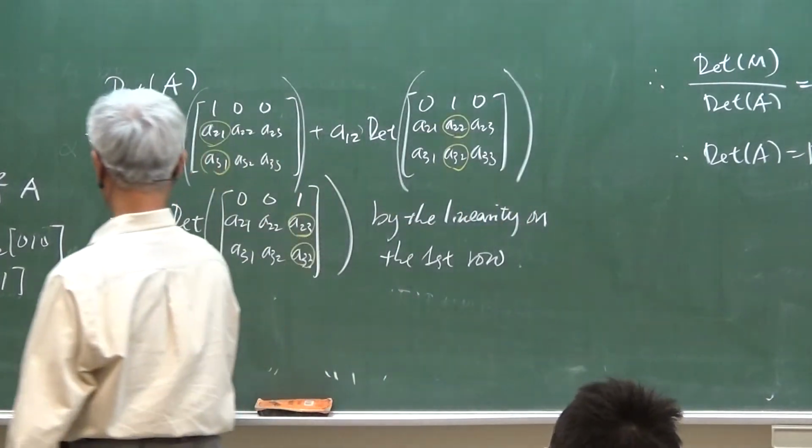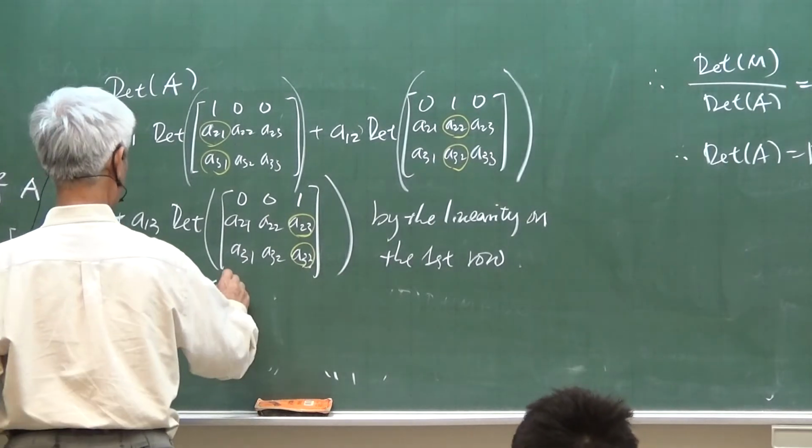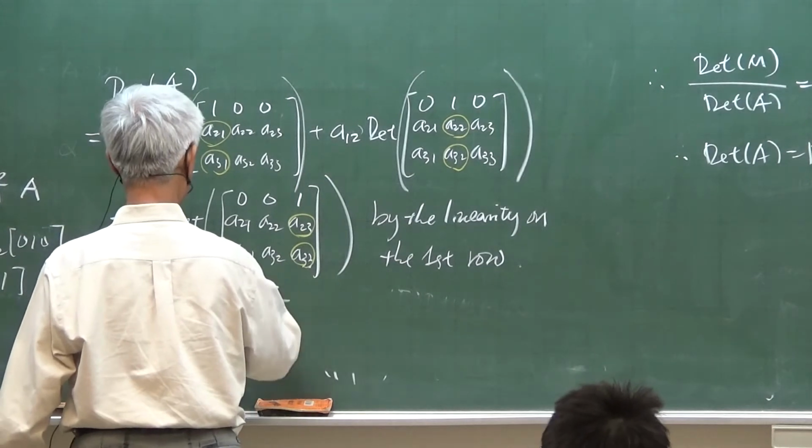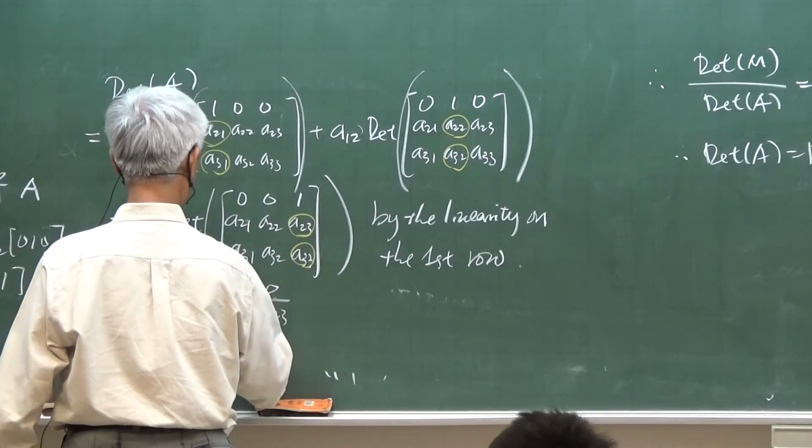So now we have A11 times the determinant of 1, 0, 0, 0, A22, A23, 0, A32, A33.